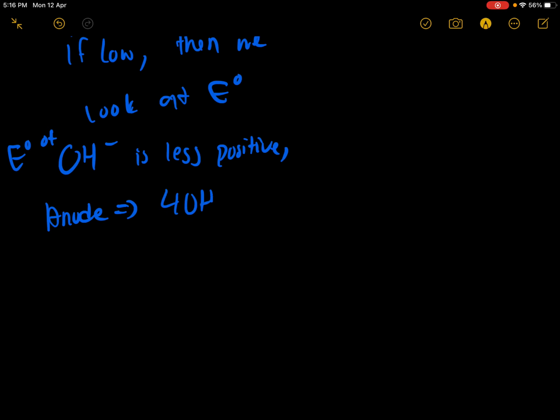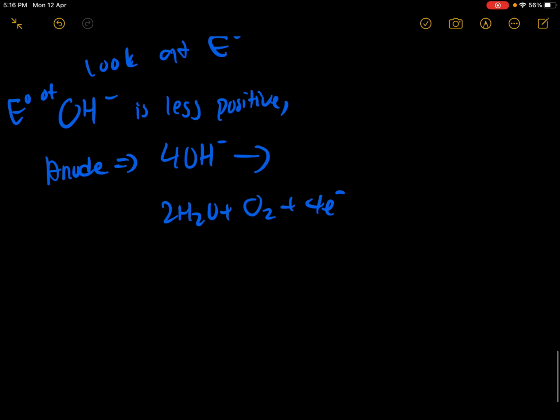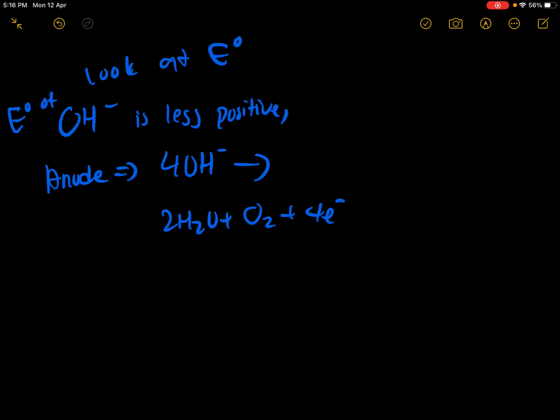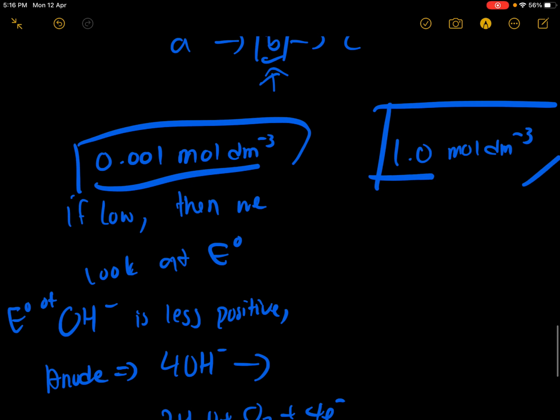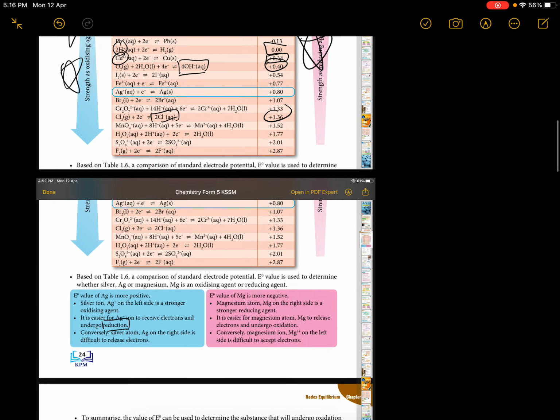So OH minus becomes, I think it was, 2H2O plus O2 plus 4e minus. But that is if we have a low concentration. How about a high concentration? Again, look back at here.